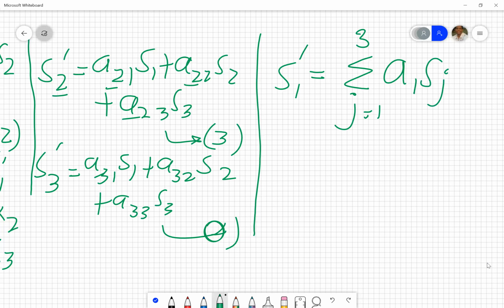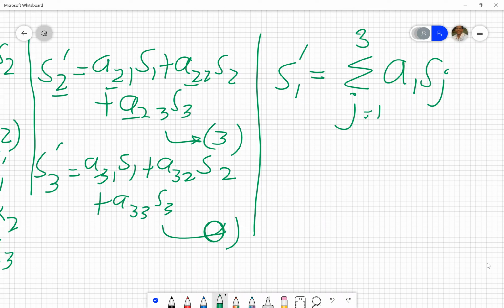If I write a1j, that means in every step I go through a1 with j equal to 1, 2, 3: a11 s1 plus a12 s2 plus a13 s3. So you can simply write this in the aij format, the a1j format. Similarly you can write the other equations also.